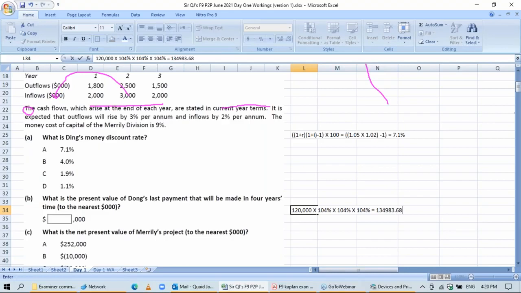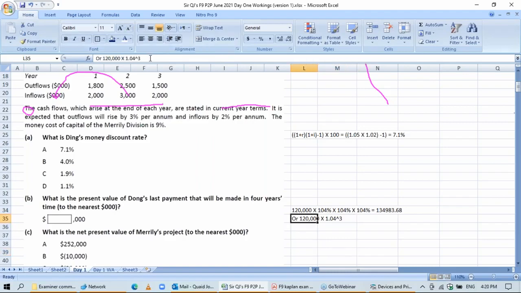You can keep computing on your calculators to arrive at the answer. One more way of doing this is that we multiply 120,000 directly by 1.04 and then put a power on it, 3. So if you put a power 3 on it, we get the same answer.